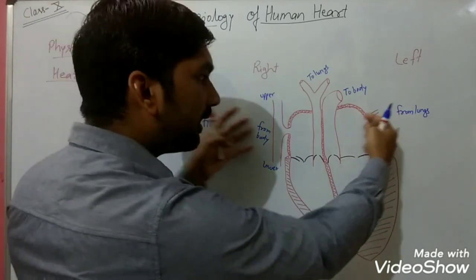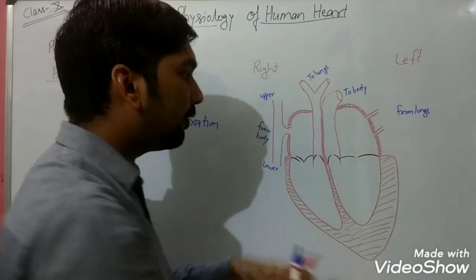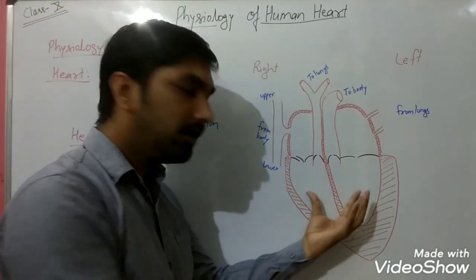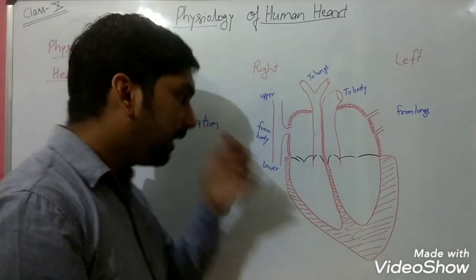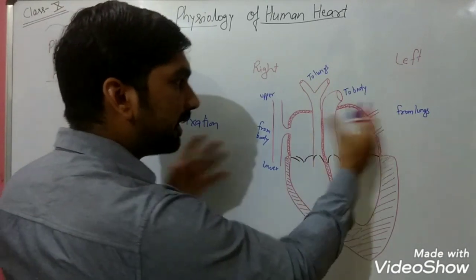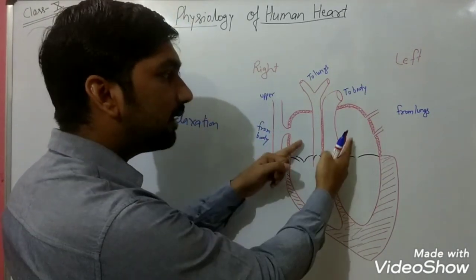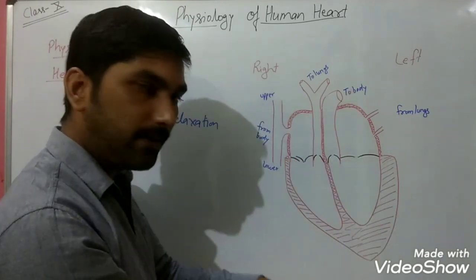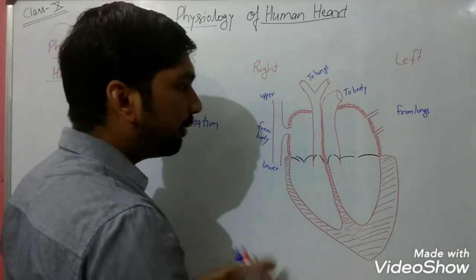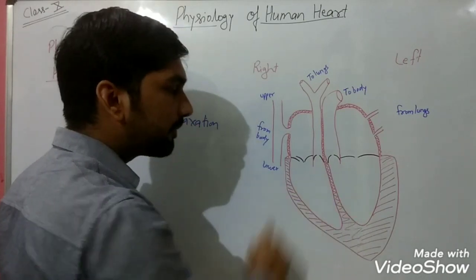So when these auricles contract, the blood is going to enter and fill the lower two chambers, left and right ventricles. During the contraction of auricles, since the pressure will be more in the atrium, these valves will be open and blood will flow from here to the lower chambers.